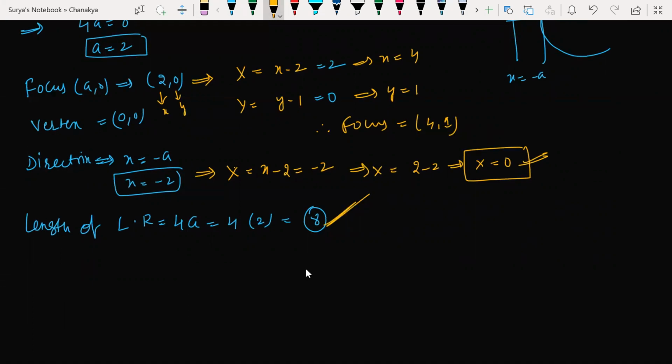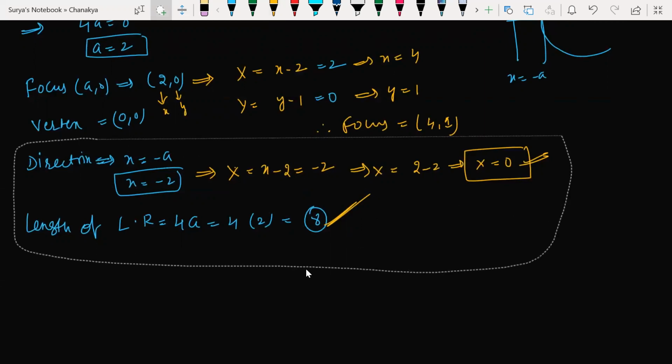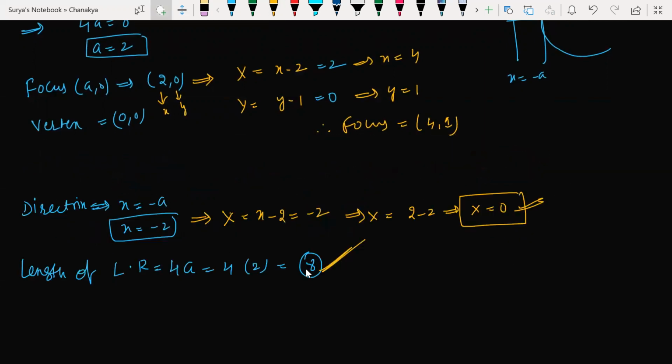Okay, then what is the vertex going to be? Tell me. You have to tell me that. What is the vertex? x is equal to x minus 2, which is the x coordinate, क्या है इधर? 0.